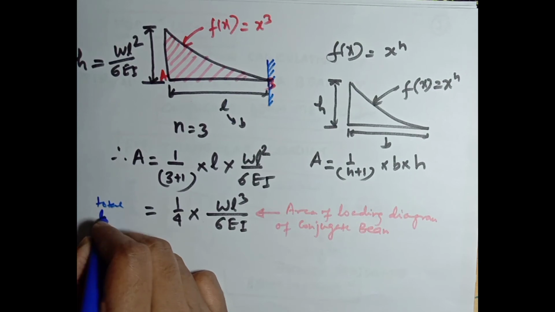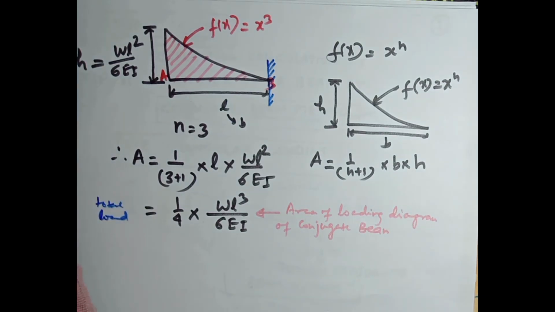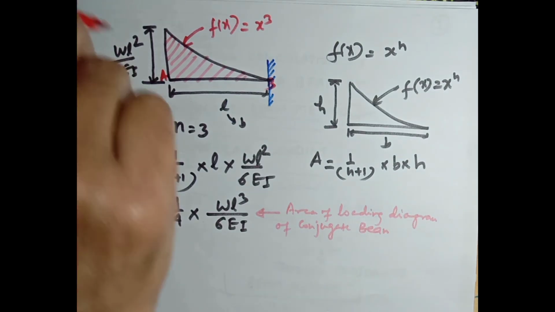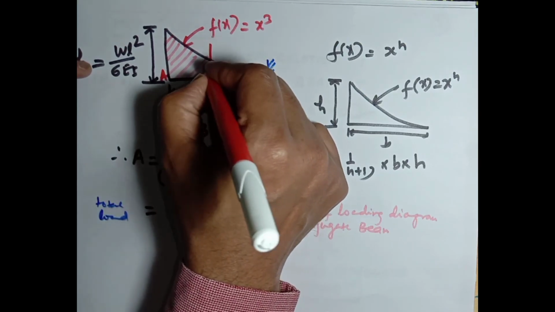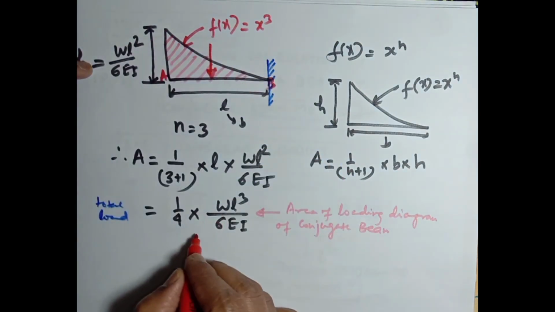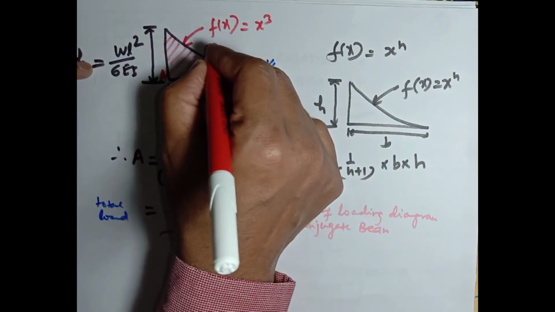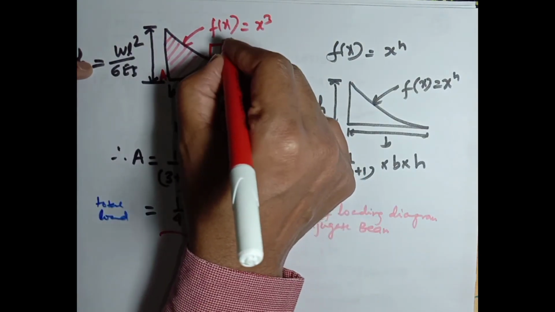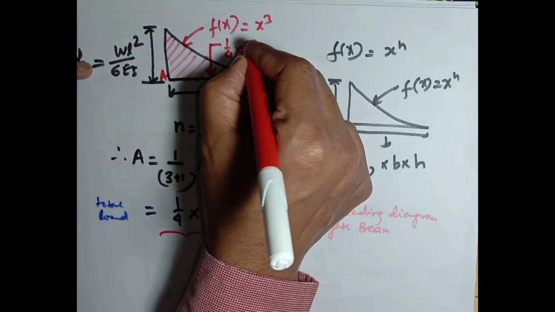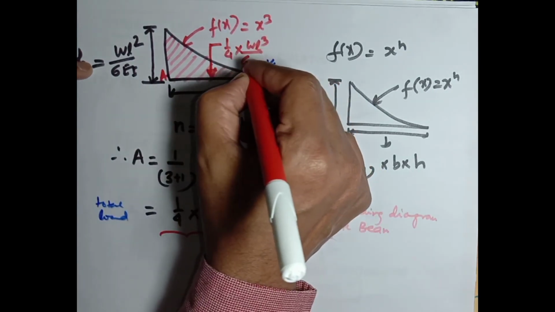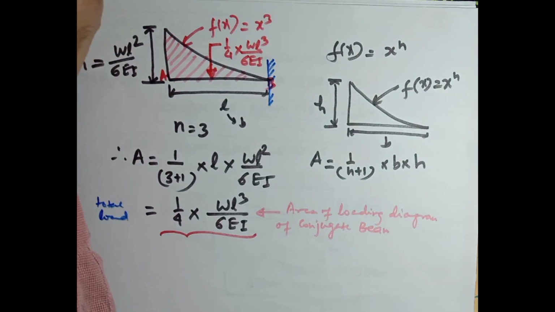Total load will be acting at some point here. It will be acting here. This is the total load. Total load will be 1 divided by 4 into WL to the power 3 divided by 6EI. This is the total load.